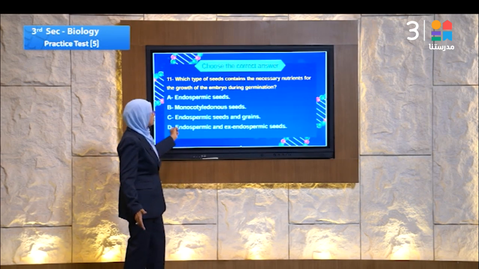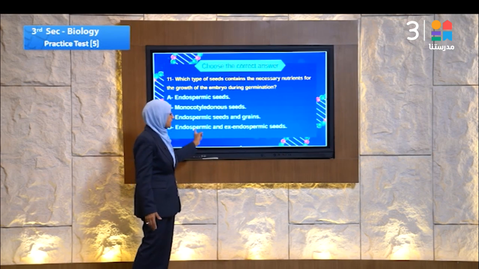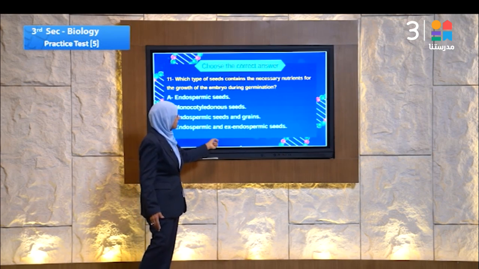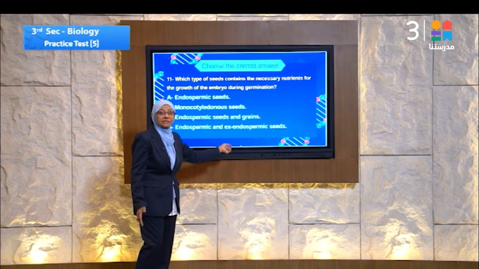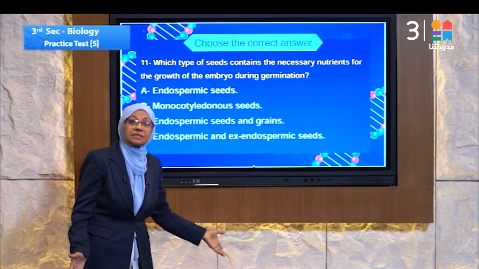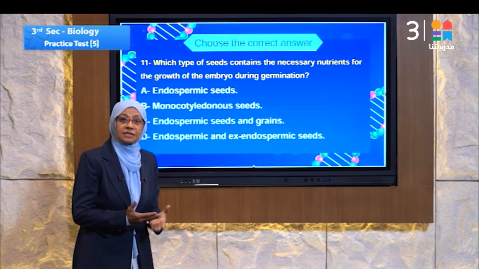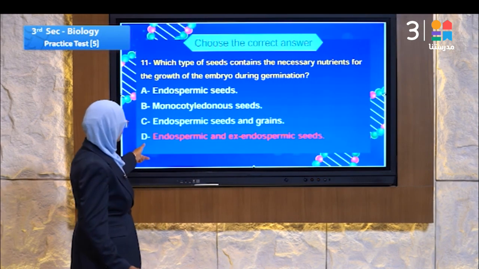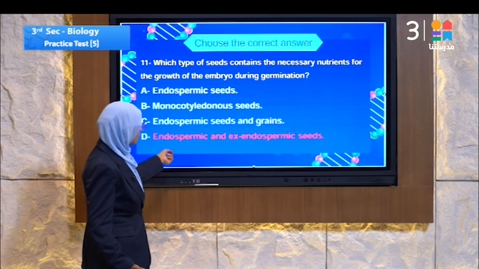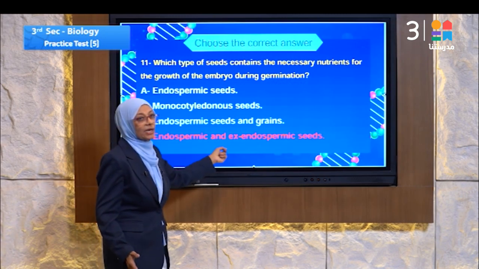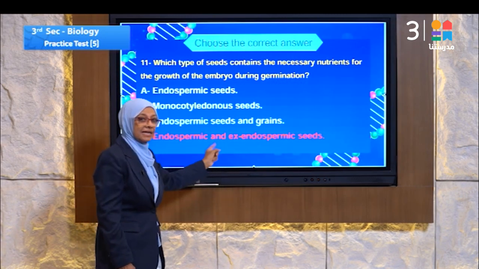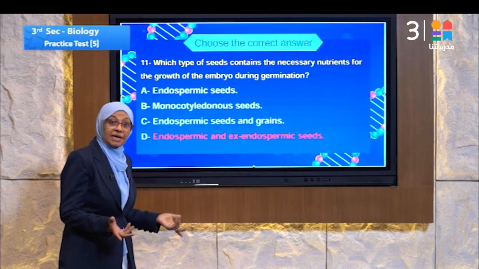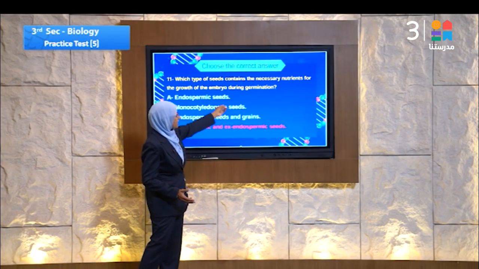C, endospermic seeds and grains. D, endospermic and exoendospermic seeds. Which of them is the right answer? The right answer must be the last one. The last one speaks about the endospermic and exoendospermic seeds. That's the nutrients, where? At germination.